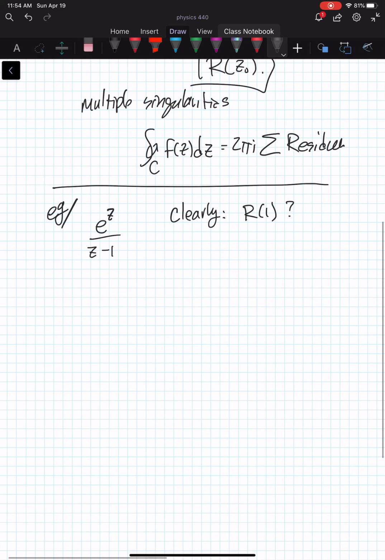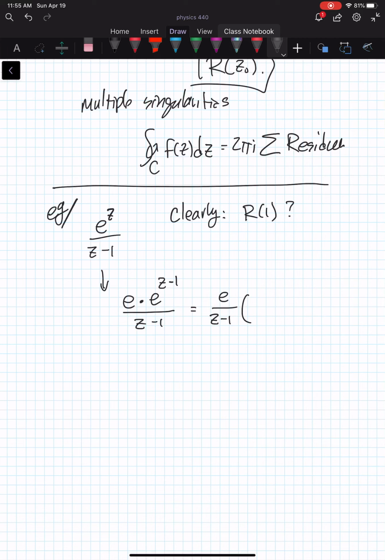So that means that we are going to write this as e times e to the z minus 1 over z minus 1. Those are the same. So we can write this as e over z minus 1, and now we can do an expansion of e to the z minus 1.